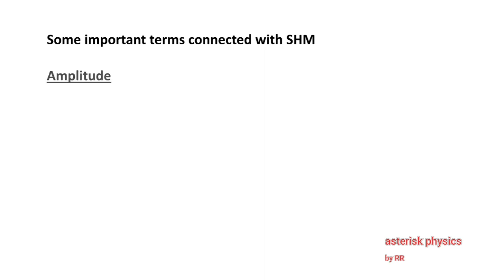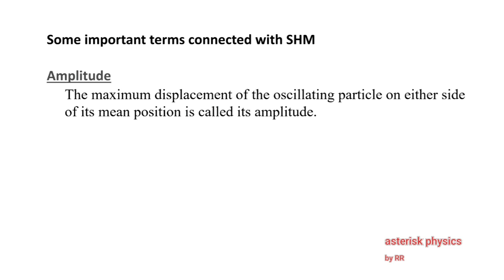The first term is called amplitude of simple harmonic motion. Amplitude means the maximum displacement of the oscillating particle on either side of its mean position.